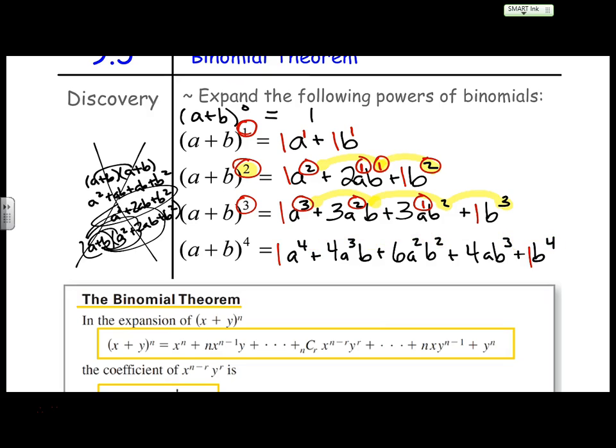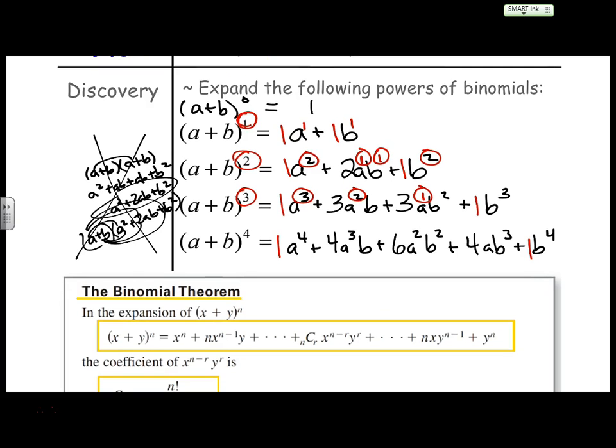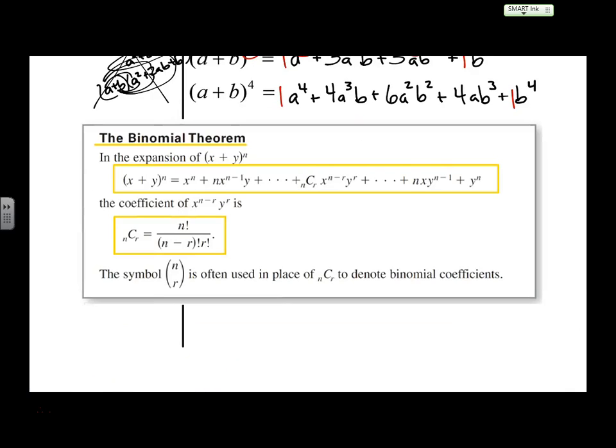Now, with all these patterns, even though Pascal's is really cool, if I ask you for some sort of term, let's say the x to the 8th power term of 3x plus 2y to the 40th power, do you really want to make Pascal's triangle down to the 41st row?